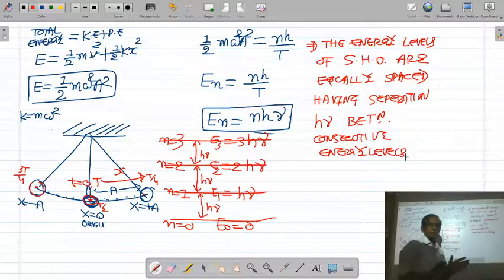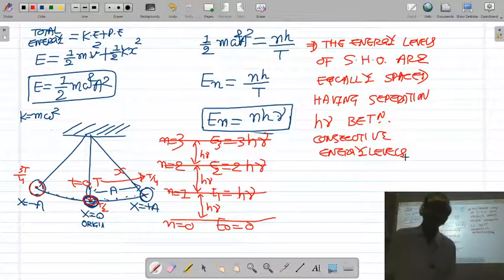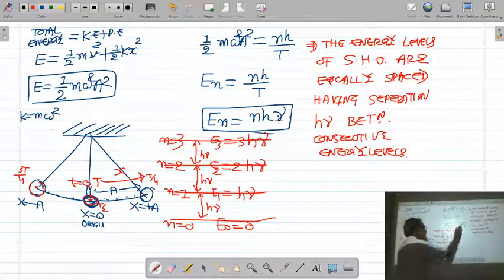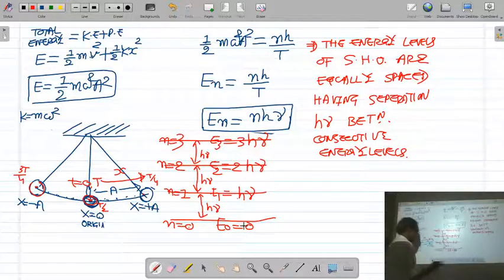So what is your conclusion from this calculation? By solving the phase integral using the Wilson-Sommerfeld quantum rule, we have derived the equation for the energy of the simple harmonic oscillator, which is n h nu. In the ground state, energy is 0. In level 1, it is h nu. Level 2, it is 2h nu. Level 3, it is 3h nu.